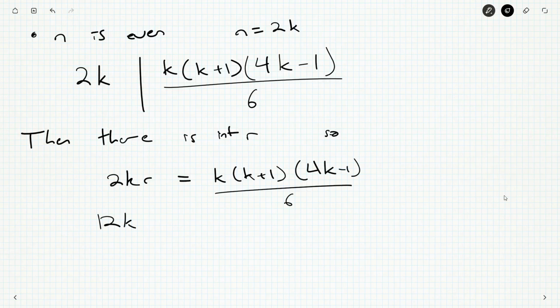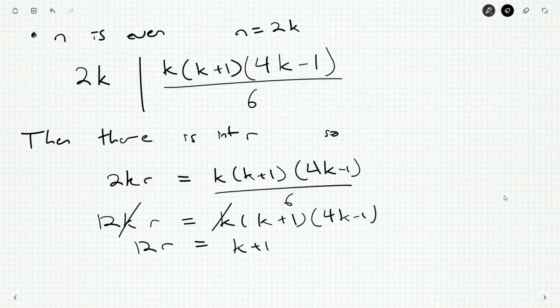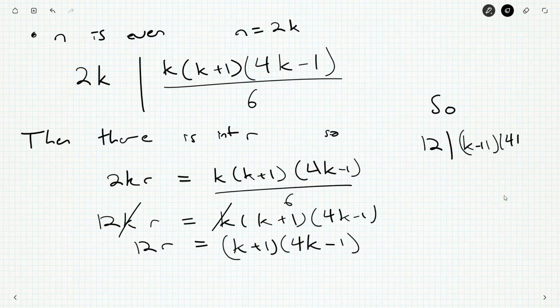But that would be 12kr is k times k plus 1 times 4k minus 1. Divide by k on both sides, so we'll get 12r is k plus 1 times 4k minus 1. So I need 12 to divide k plus 1 and 4k minus 1. Is that possible?